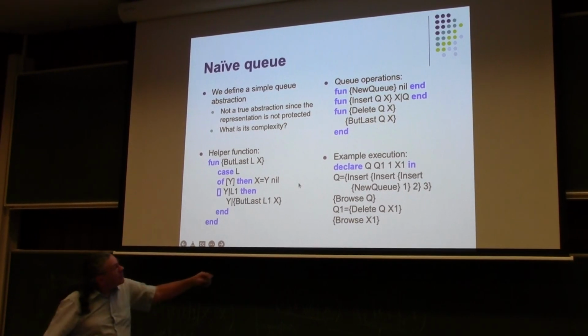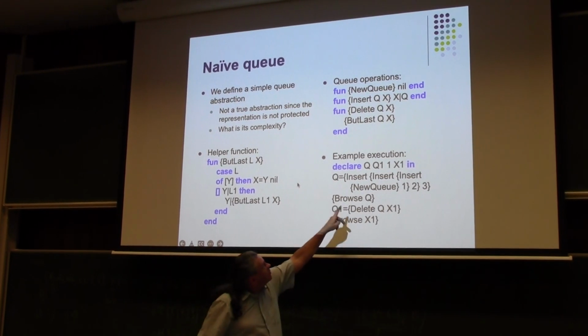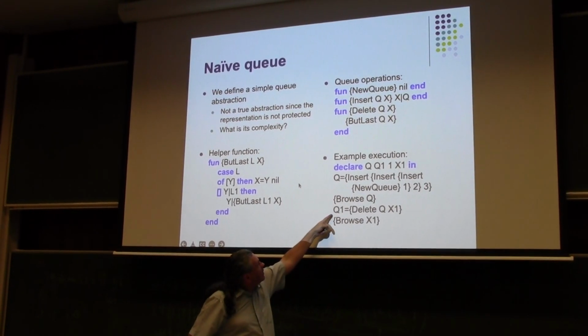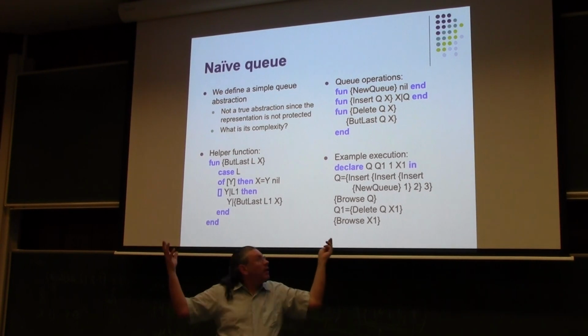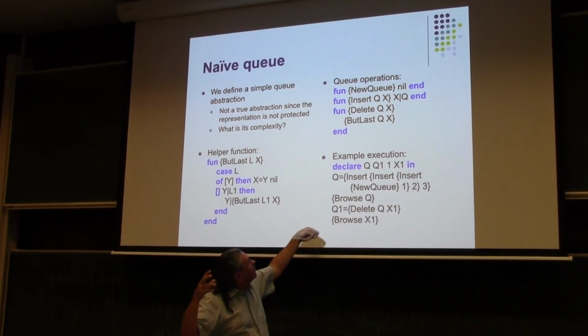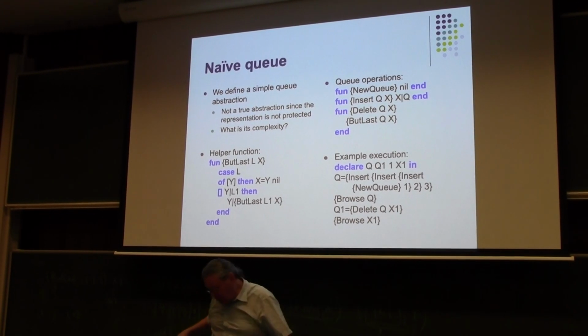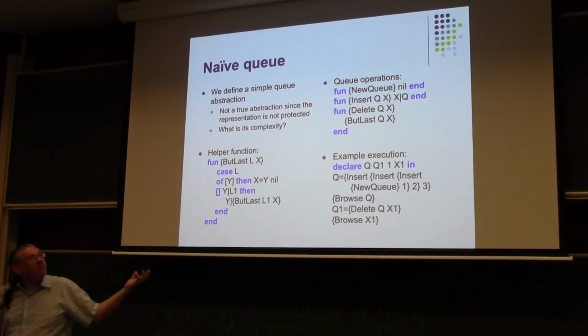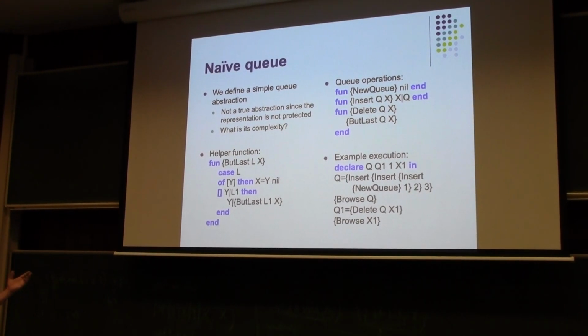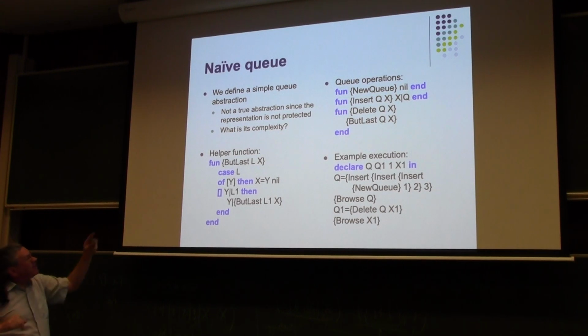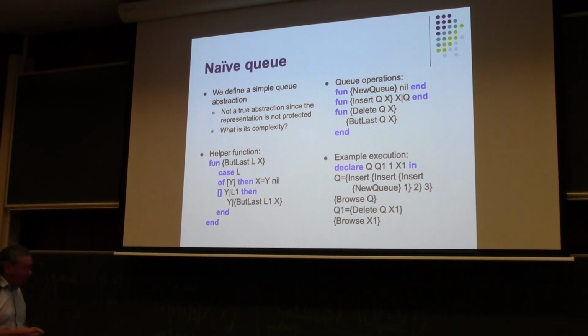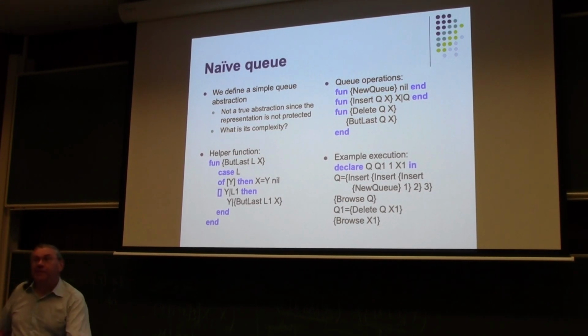If I insert, for example, 1, 2, 3, then I delete here, I will get 1 out, and so on. So I can use this to do a queue. It's nice. But what is the complexity of this? What do you think?